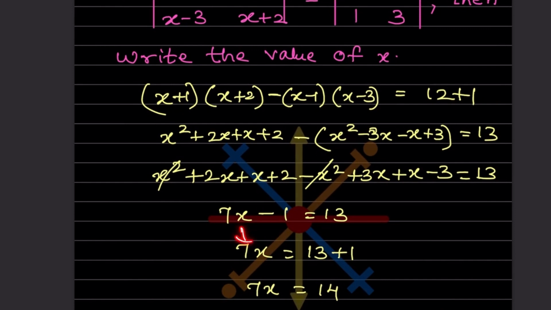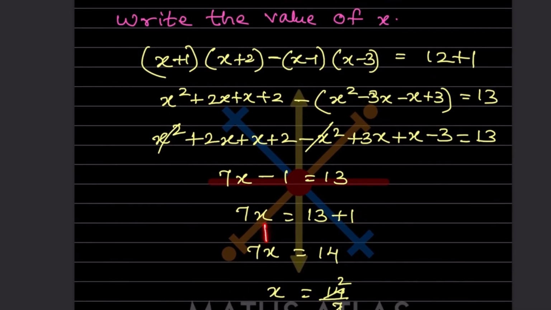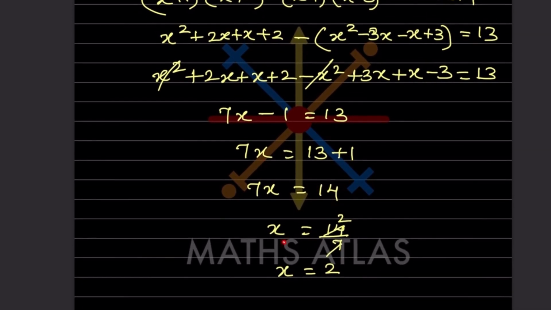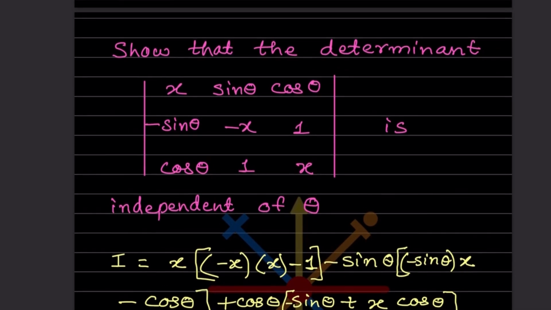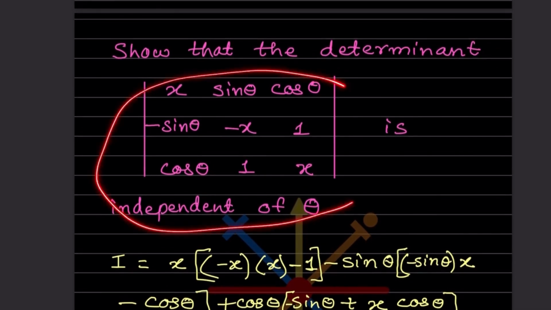So 7x, 13 on the same side, minus 1 goes to the other side, plus 1. So 7x is 14. So x is 14 divided by 7. So x is 2.